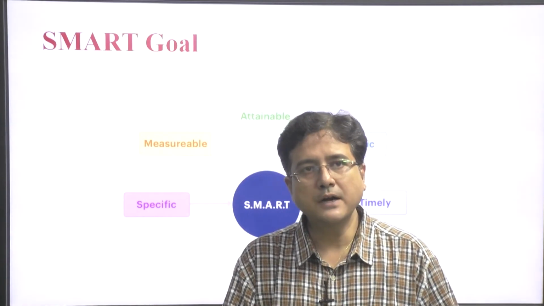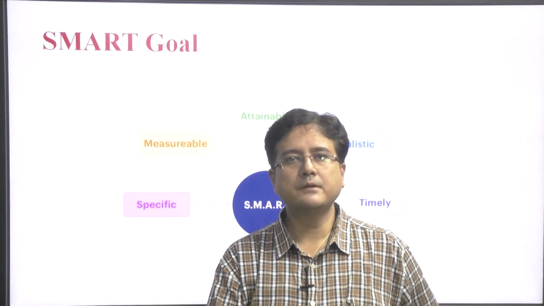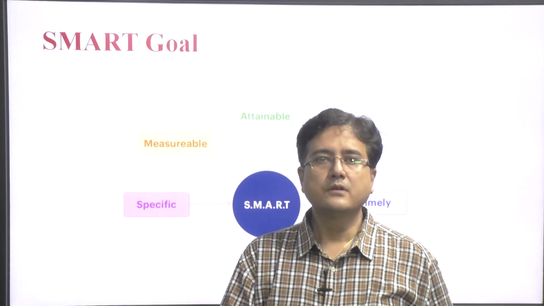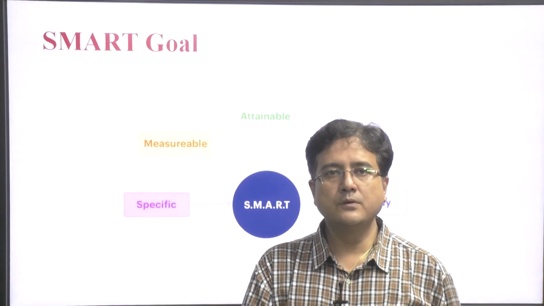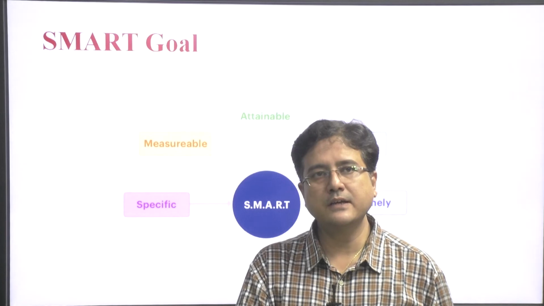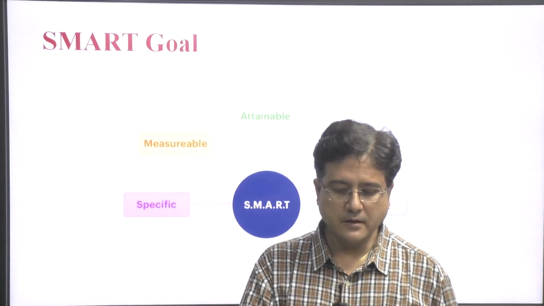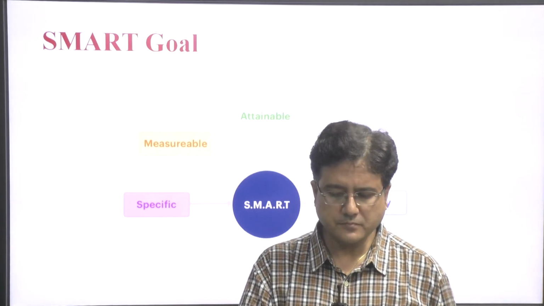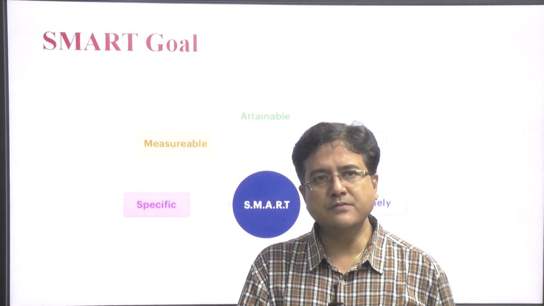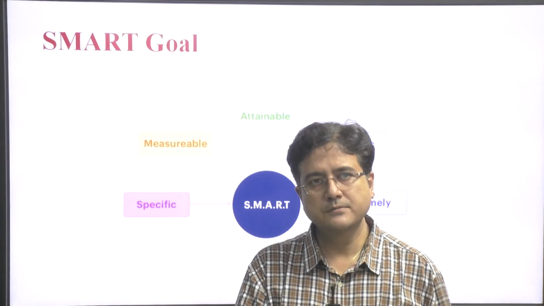SMART goals. A SMART goal is a tool we use in our project management process, especially during planning. In this tool the word SMART stands for specific, measurable, attainable, realistic and timely. So, we must plan specifically for different projects.